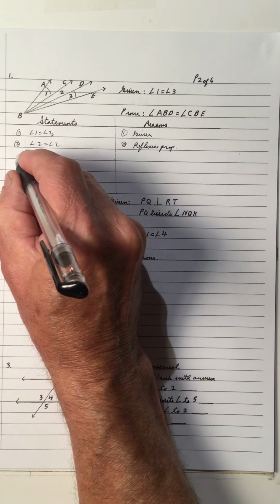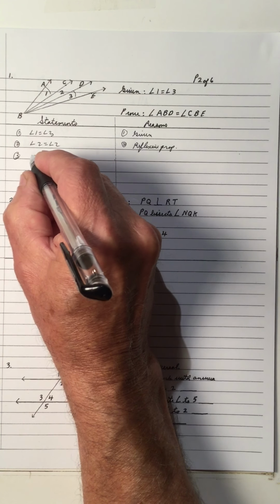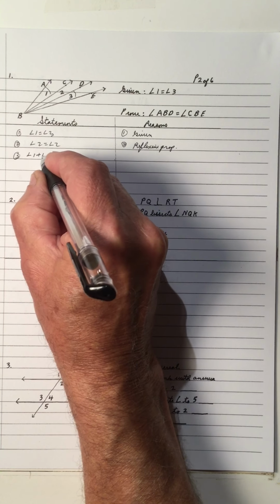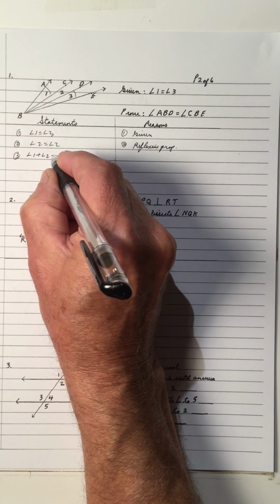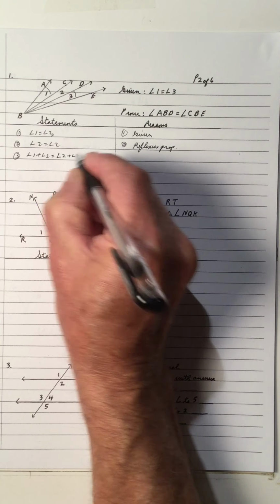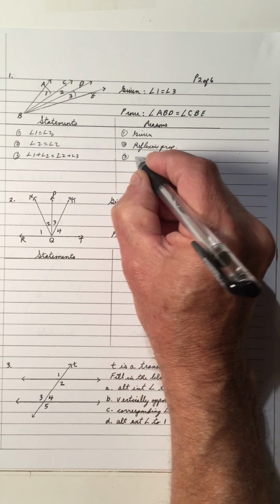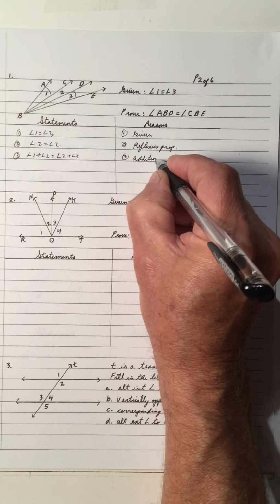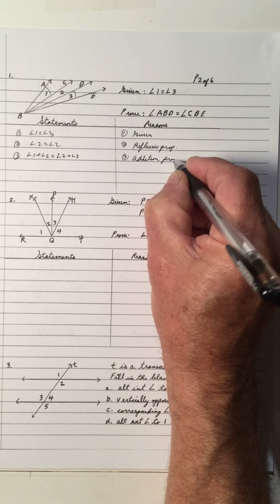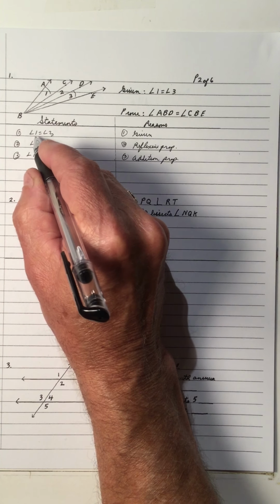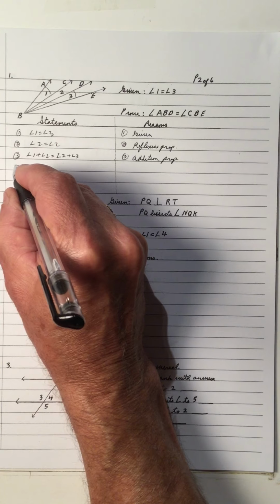An angle is equal to itself, and now we can go angle 1 plus angle 2 equals angle 2 plus angle 3, and that's the addition property of equality. We're taking 1 equals 3 and 2 equals 2, so we're adding 2 to both of these angles.